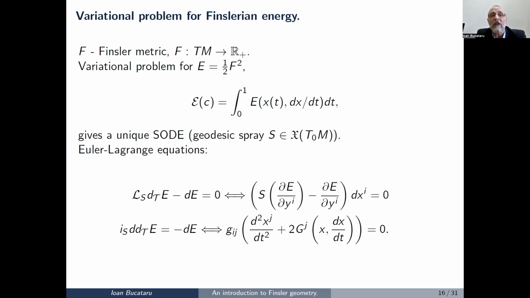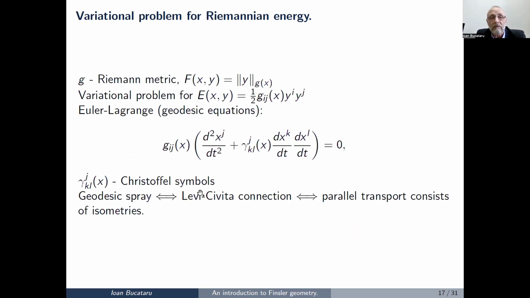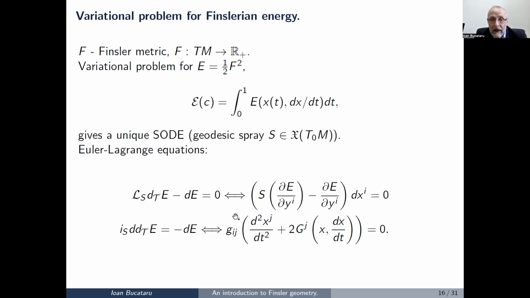But I will not use this expression. Anyway, what I wanted to say is that the variational problem for Finslerian energy gives rise to this Euler-Lagrange equation in this form. So for me, this form is very important. Just to make sure that you can view this equation and that it's easy to understand, let's see what happens in the Riemannian context.